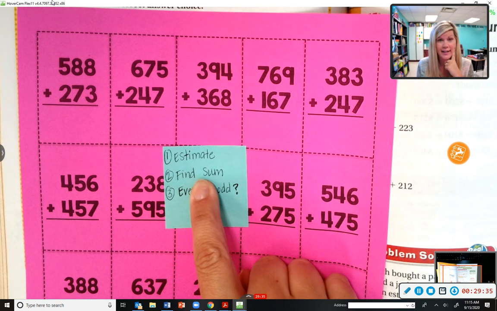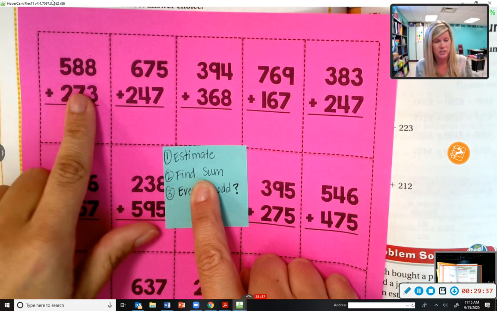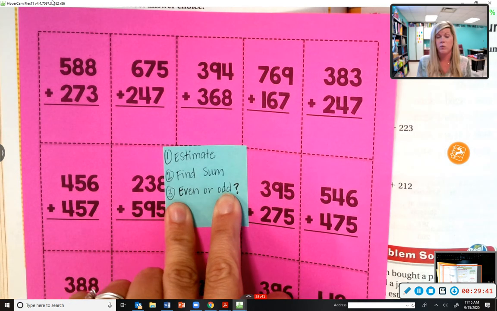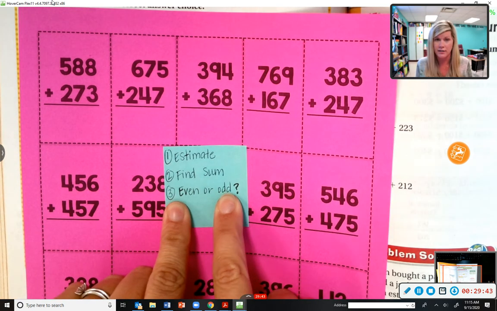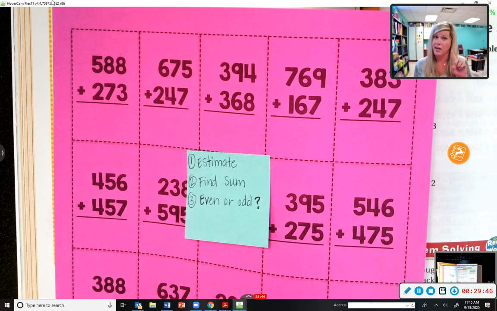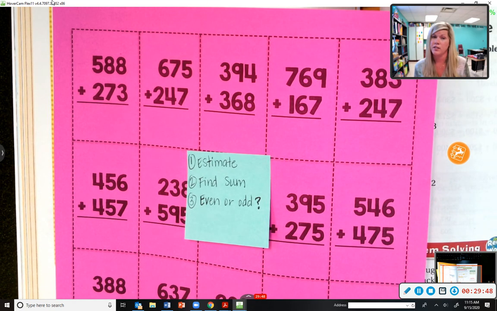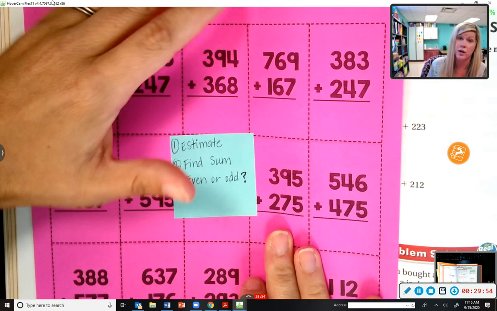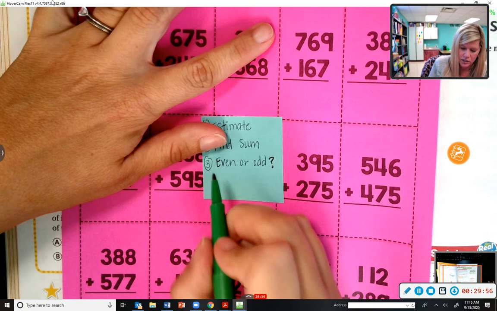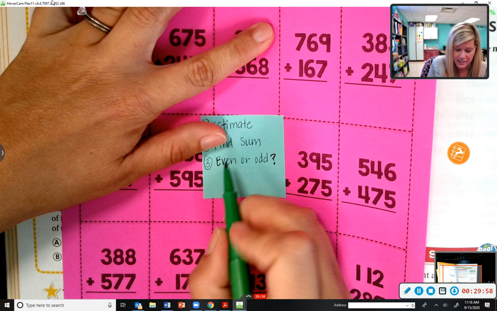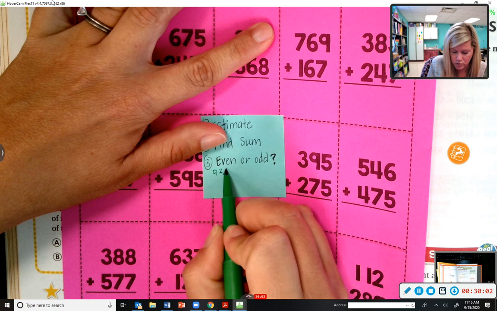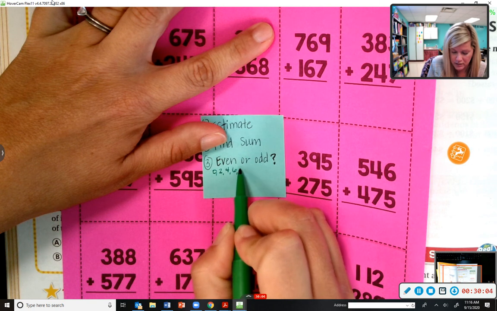Then you're going to find the sum, which means you're going to actually add the real numbers. And then you're going to tell me whether it's even or odd. So this is how I'll also know if you listened to the video, because I'm going over it right now what even and odd is in case you forgot from 2nd grade. So even means it's going to end in a 0, 2, 4, 6, or 8.